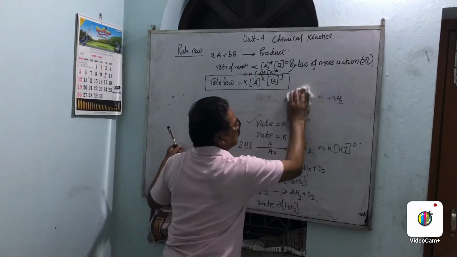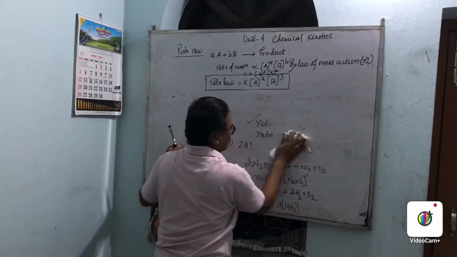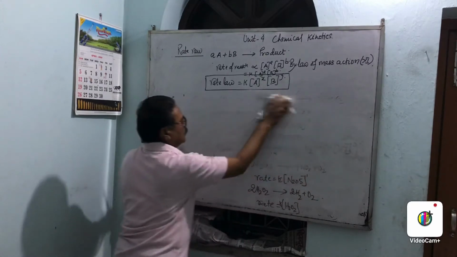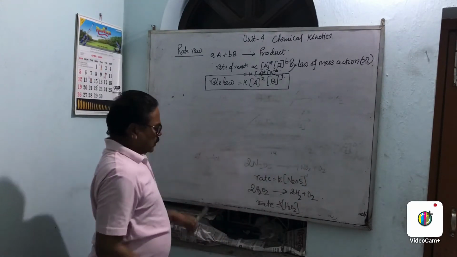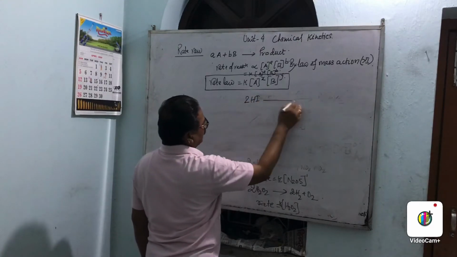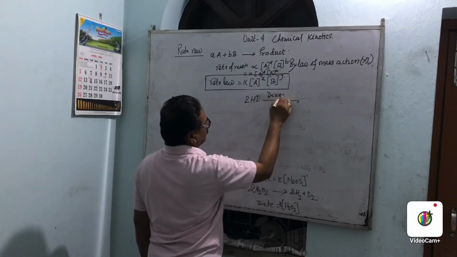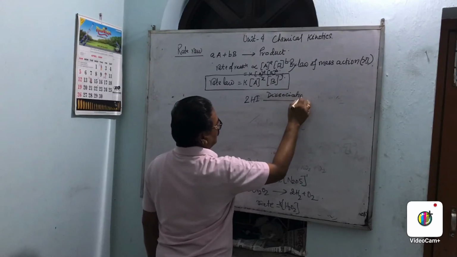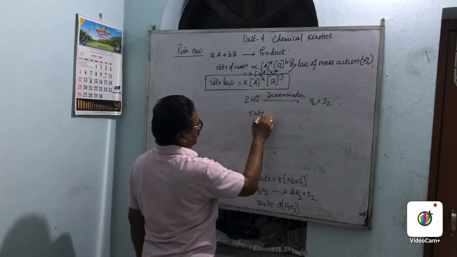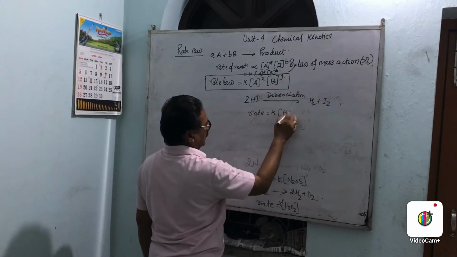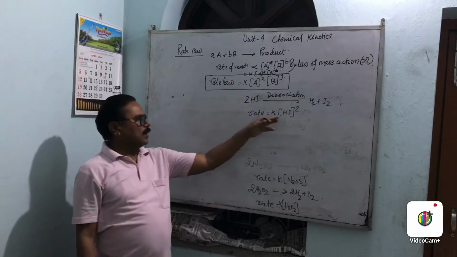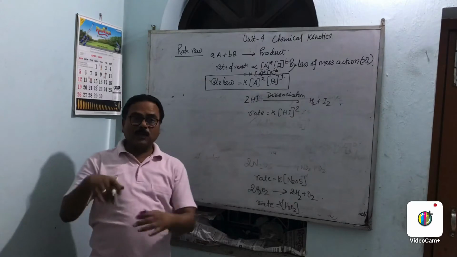Similarly, we take the example of second order reactions. This is very simple: HI dissociation only. It will give H2 and I2, and here we write rate is equal to K times HI, and sometimes it is squared, written as 2.